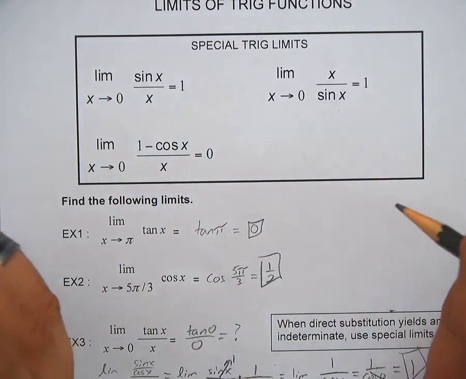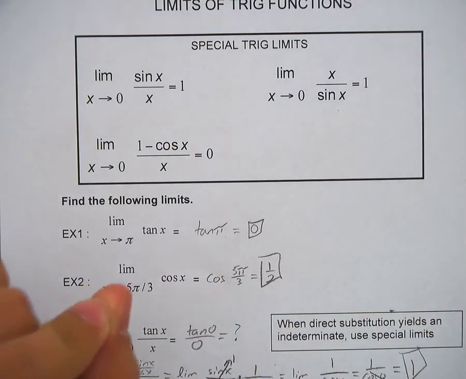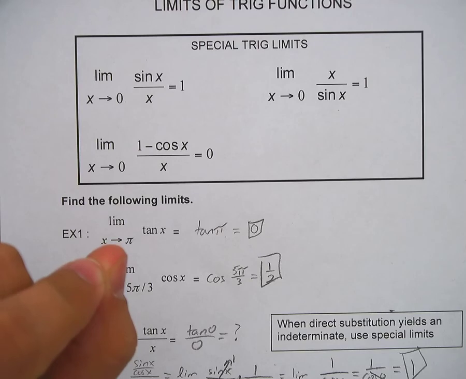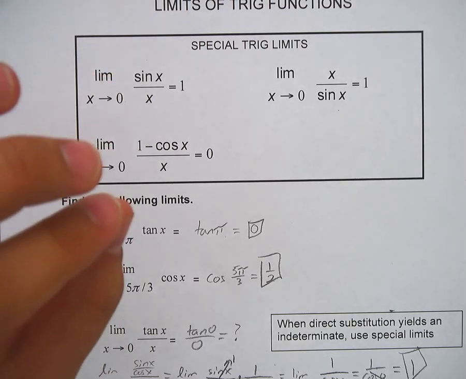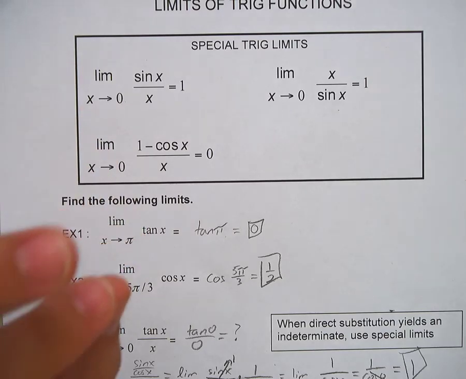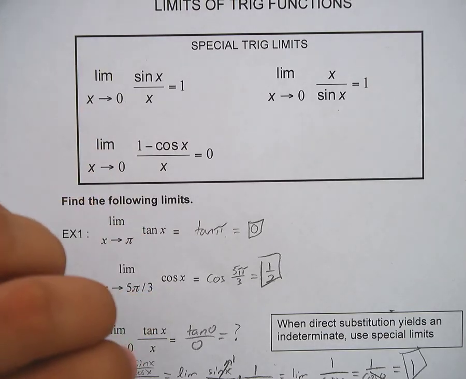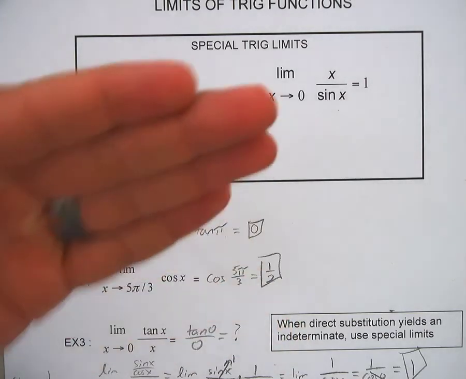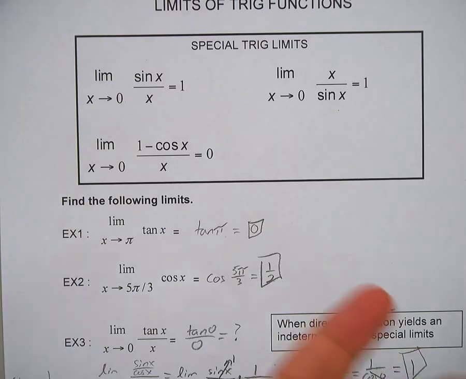But remember, your first step should always be to plug in. After you plug in, if you get an indeterminate, something over 0, then you can worry about using your special trig limits or factoring it or using a conjugate.